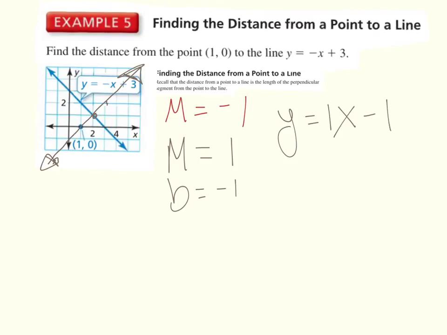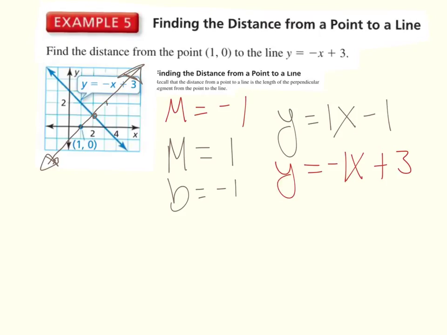Now if you recall from last year, if you want to find the solution to both of these lines, if I want to find out what this point is, I have to find the intersection point. So all I really have to do is take these two lines: y equals -1x plus 3 was the line that they gave us, and this was the line that I found. You can use the substitution method and take this value, since we know that this equals y, and plug it into here.